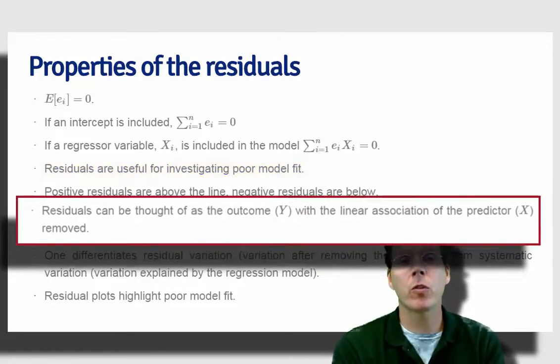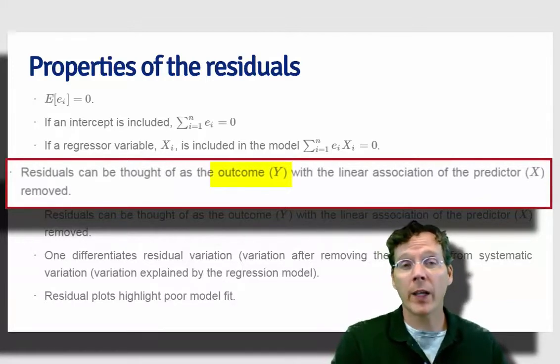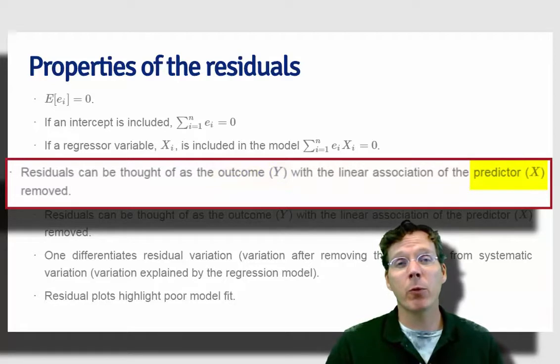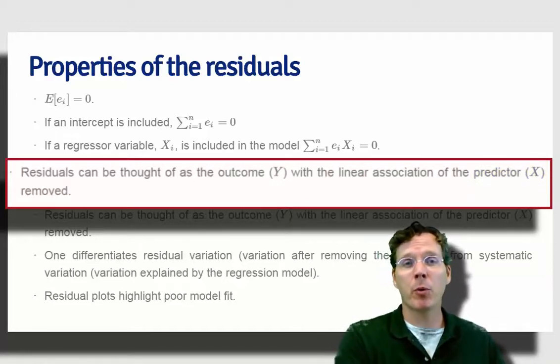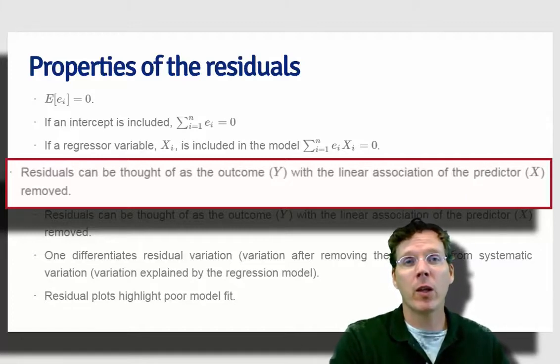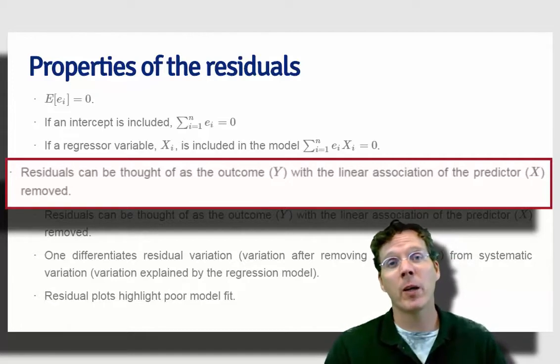Another very common use of residuals is to think of them as the outcome y with the linear influence of the predictor x having been removed. So for example, if in some subsequent analysis we wanted to analyze diamond prices in a way that has already been adjusted for their weight, calibrating all the diamond prices to be on the same scale regardless of their weight, we would take those residuals from the model fit that has diamond prices as the outcome and weight as the predictor.